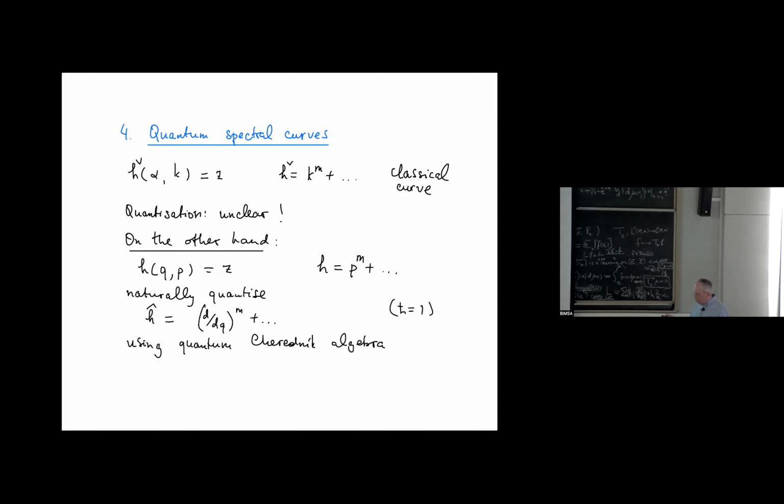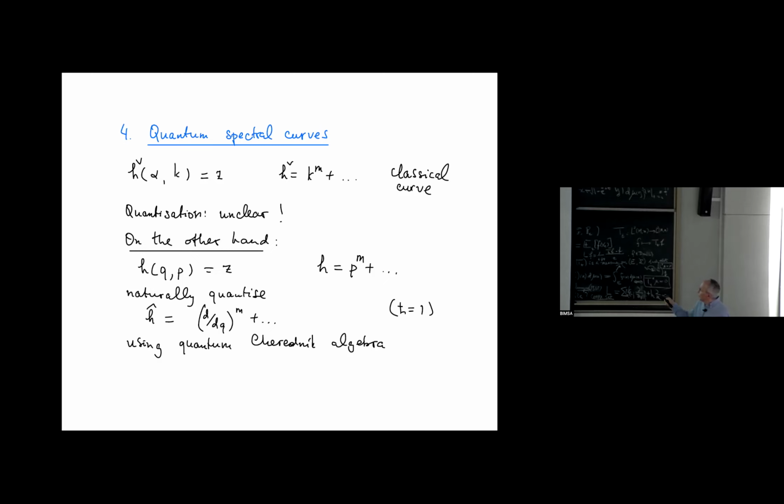But here we can do it naturally because, remember, this was a Hamiltonian, in the original variables P and Q. It's not immediately clear how to quantize the spectral curve, but the dual one admits a natural quantization because this was a classical Hamiltonian, and the theory of this integrable system allows you to construct a quantum Hamiltonian. It will be a differential operator for the M. I put Planck constant to 1. So there is a natural quantization of that.